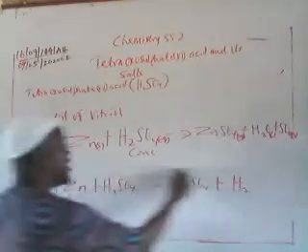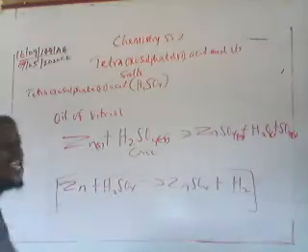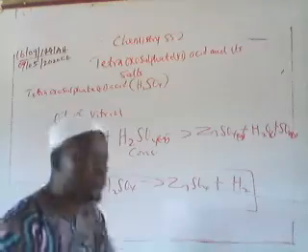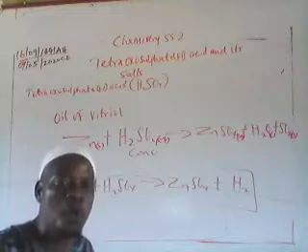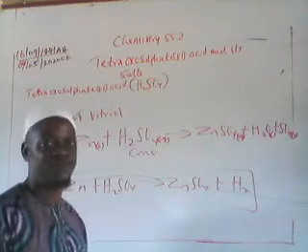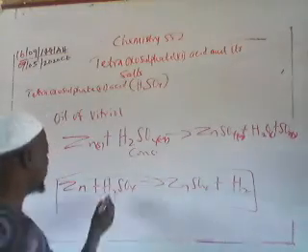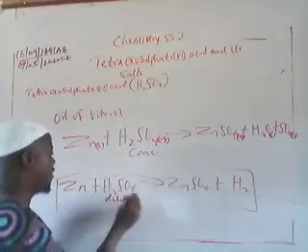But because it is concentrated, it is acting as an oxidizing agent. So the hydrogen gas that is produced will be immediately oxidized to water. So this is the difference. This is dilute, this is concentrated. So you have to take note of that.